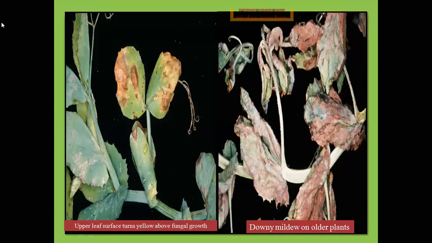So these yellow chlorotic patches are seen on the upper side of the pea leaf, and the whitish downy growth is seen on the older leaves or older branches of the pea plants.